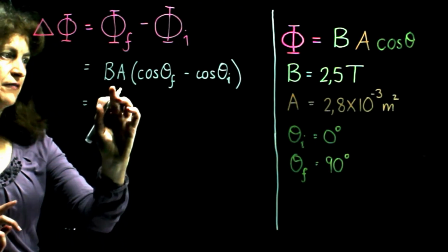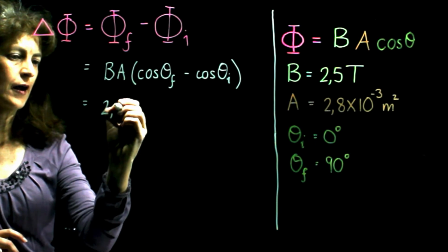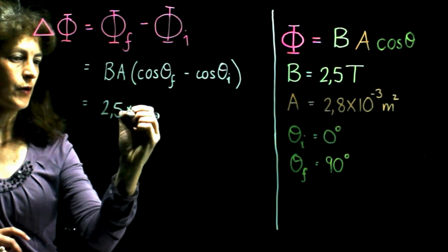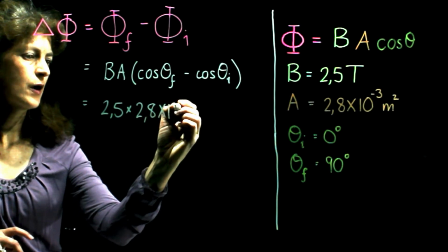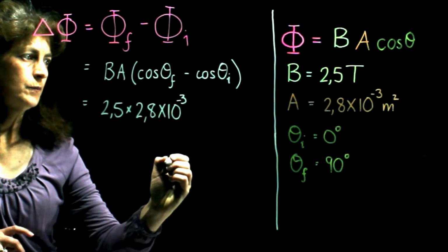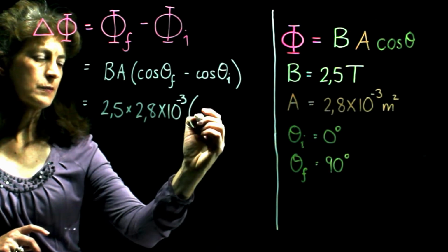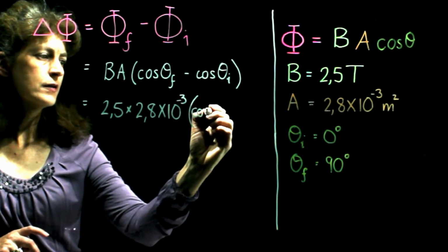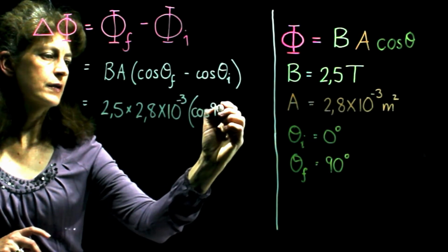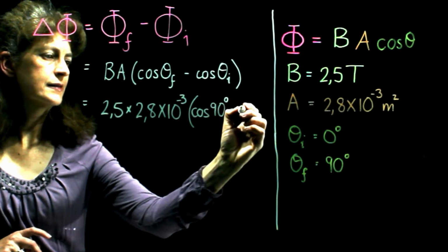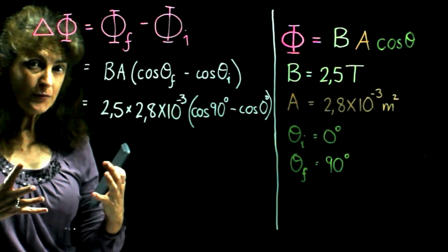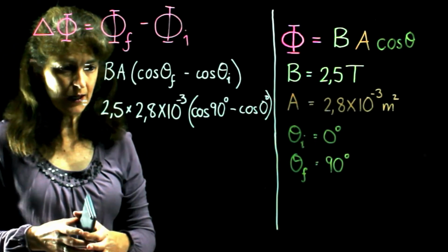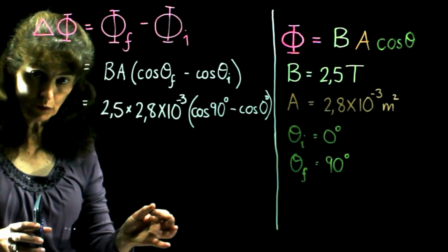So let's substitute our values in. 2,5 Tesla multiplied by 2,8 times 10 to the power minus 3 meter squared multiplied by cos 90 degrees minus cos 0 degrees. Now you have to be careful with your calculator work here because of the BODMAS rule.